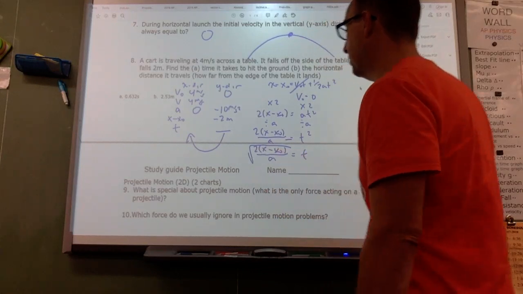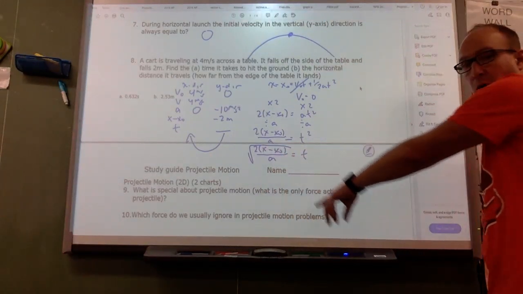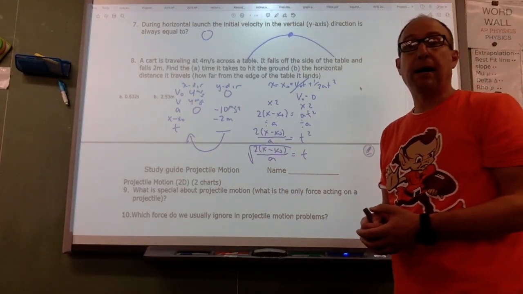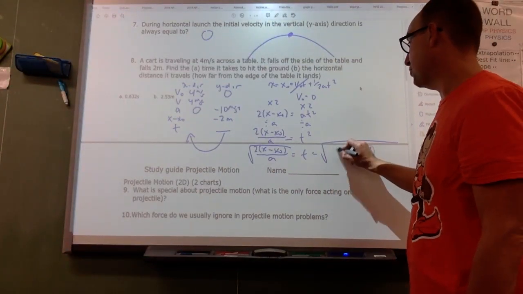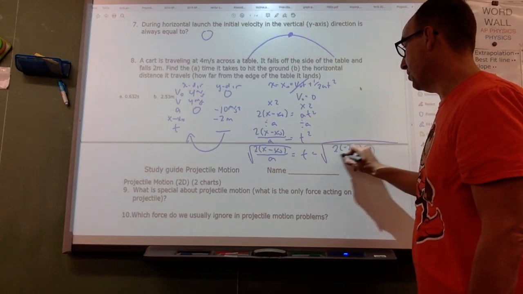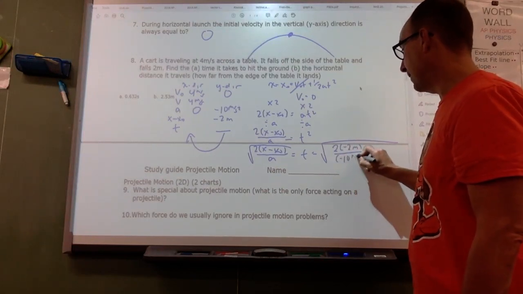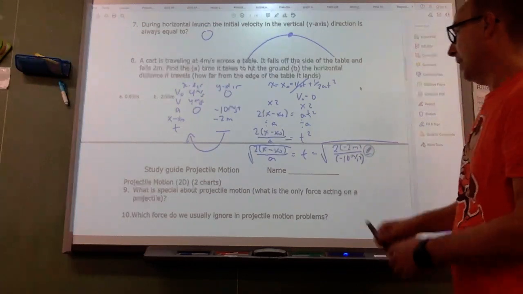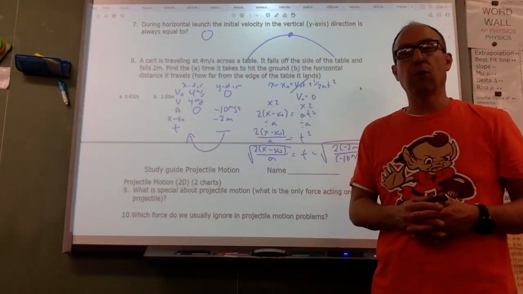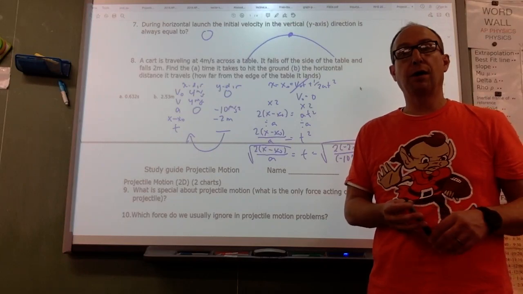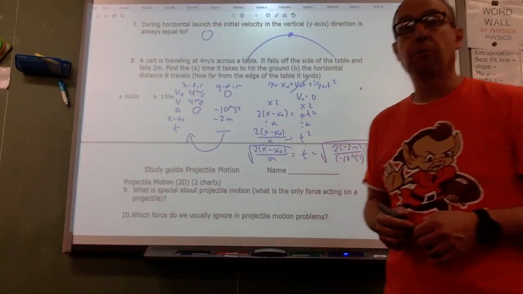So I end up with 2 times x minus x naught over a, to the 1/2 power. So I'm going to plug in my values, and I have 2 times negative 2 over negative 10. And so this would be 4 divided by 10, which would be 0.4. And so the square root of 0.4 would be 0.63.